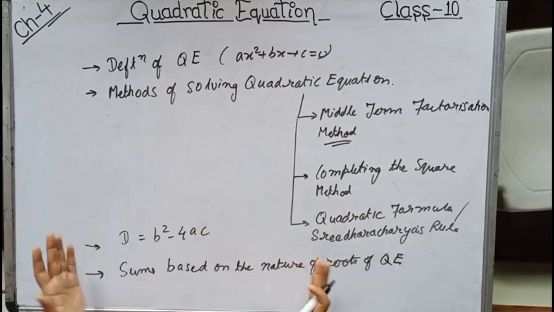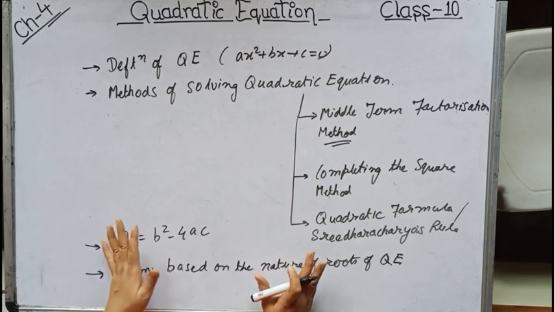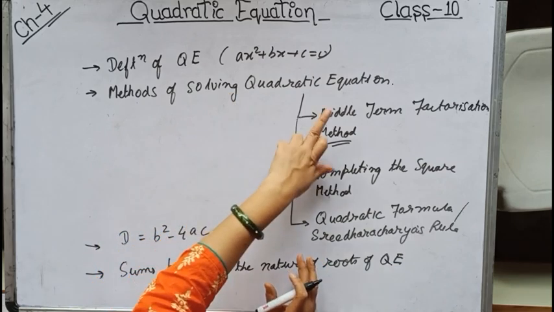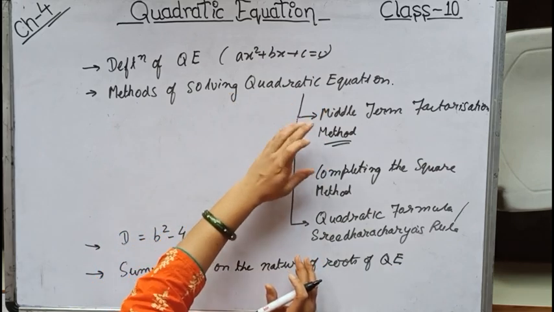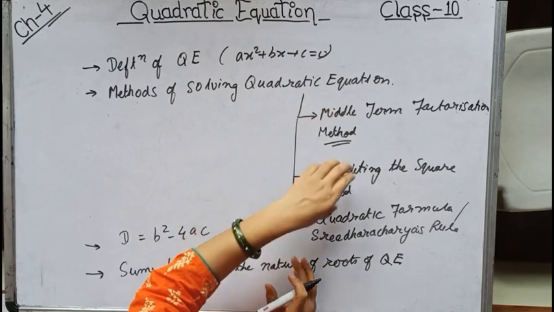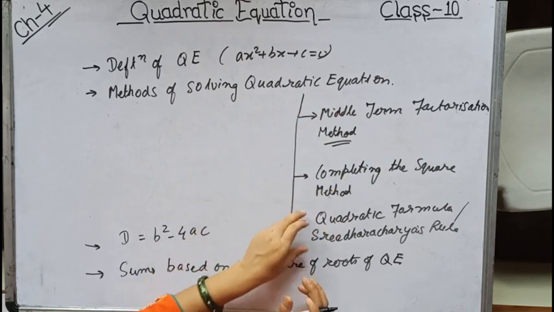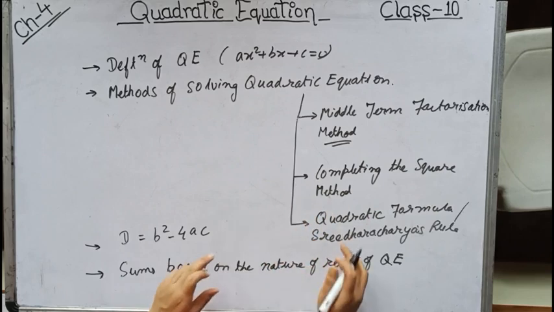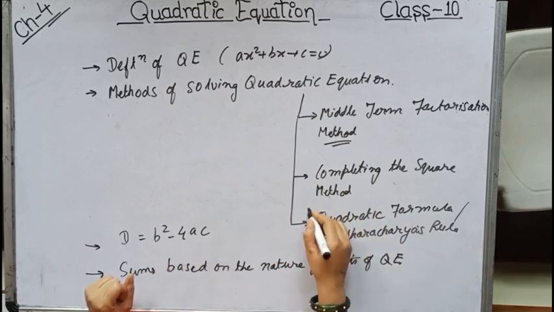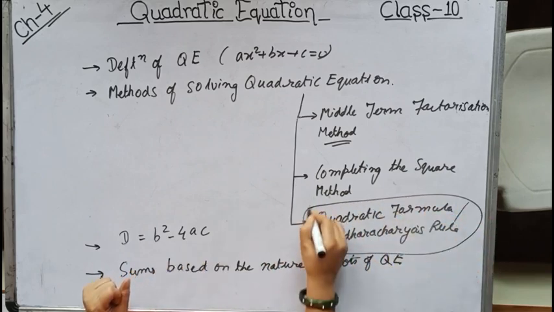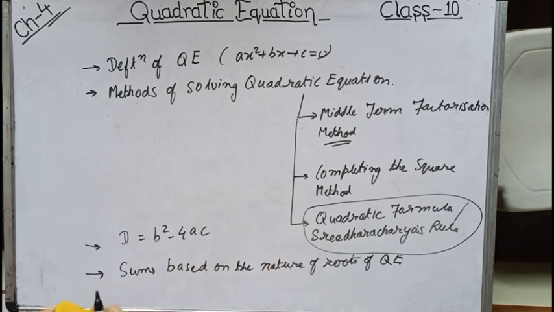So the whole chapter is divided into this only. The main thing is to know how to solve the quadratic equation. In this, some methods we already know. The completing the square method is a small topic, and Sridharacharya's rule or quadratic formula is the main topic of this chapter. So let us start the chapter, children.